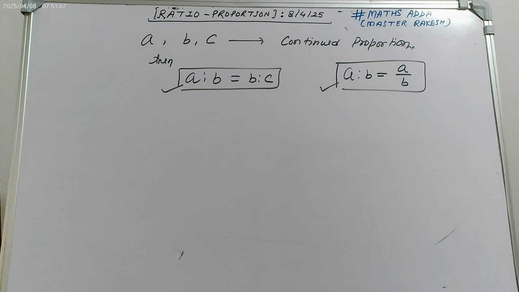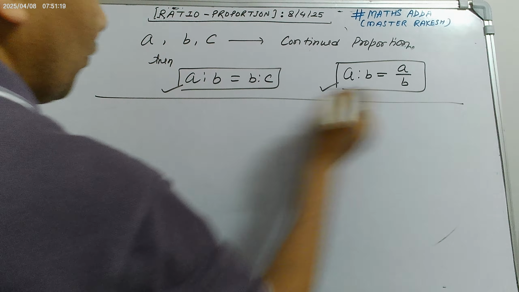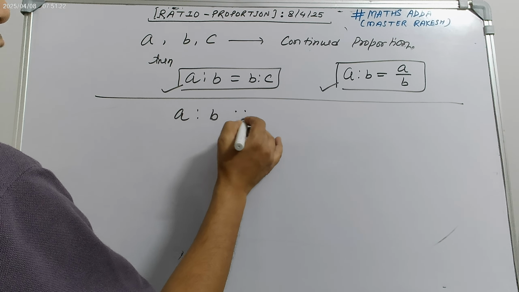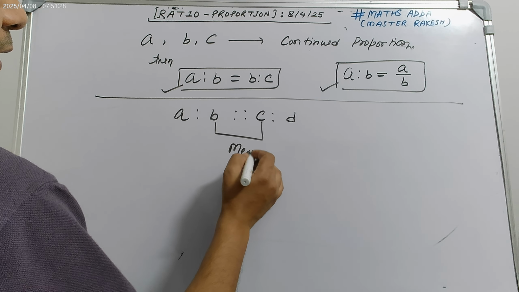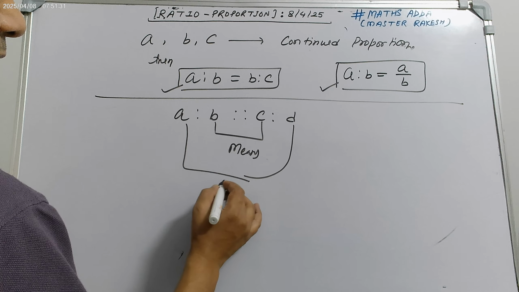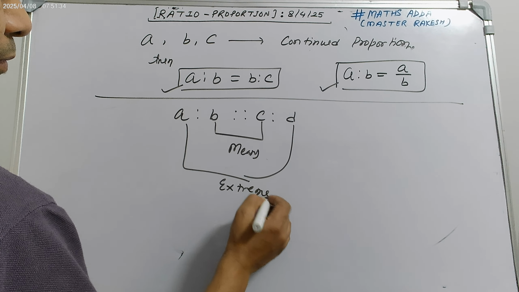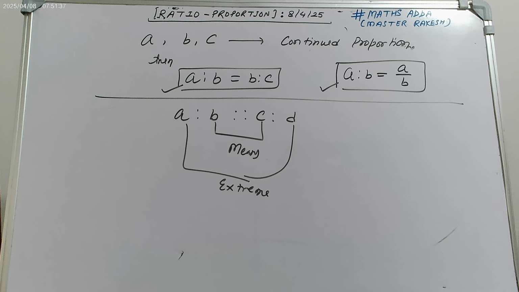In A is to B proportion C is to D, the outer terms A and D are known as the extremes, and the middle terms B and C are called the means. The product of extremes is always equal to the product of means.